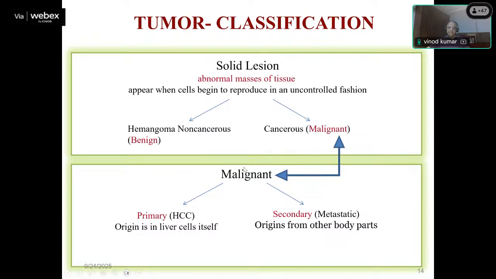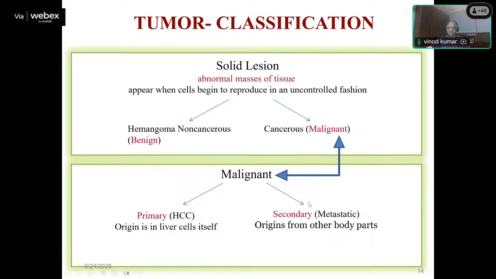In the case of malignant, we have primary HCC, where the origin is in the liver cell itself. Primary is in the liver only, and it is hepatocellular carcinoma, cancerous in nature.